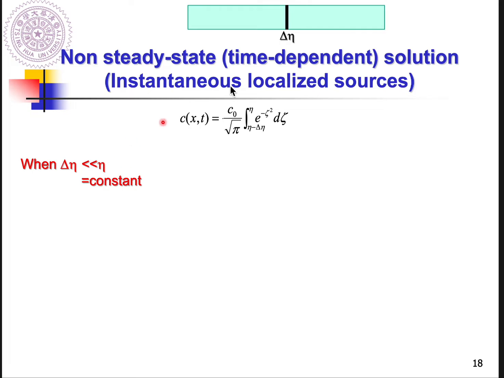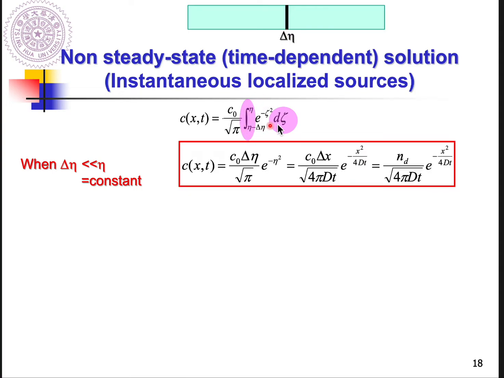And if we assume the thickness or the length of this diffusing atoms is quite thin, as we mentioned, it's a limited diffusion source, right? It's quite thin. And we also assume the concentration distribution in this diffusion source is constant.